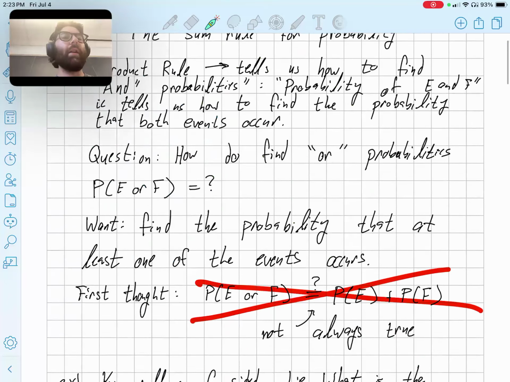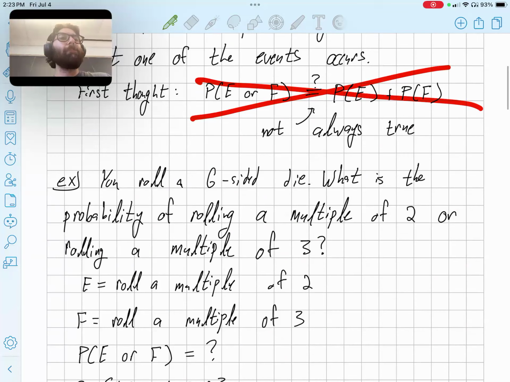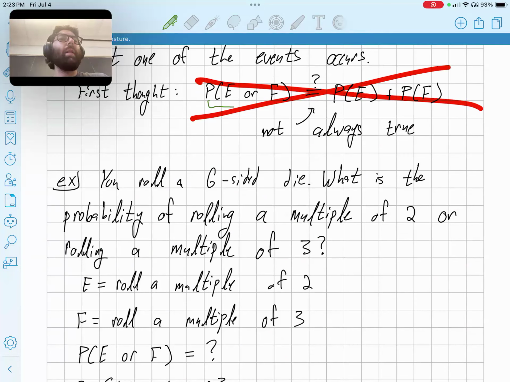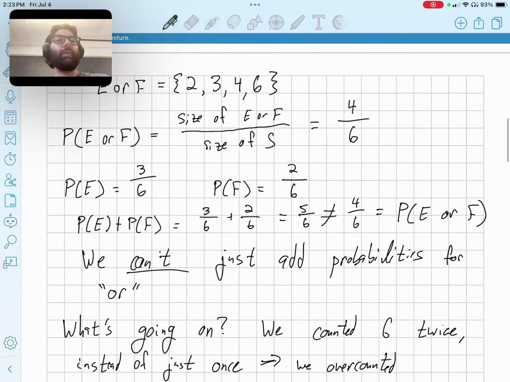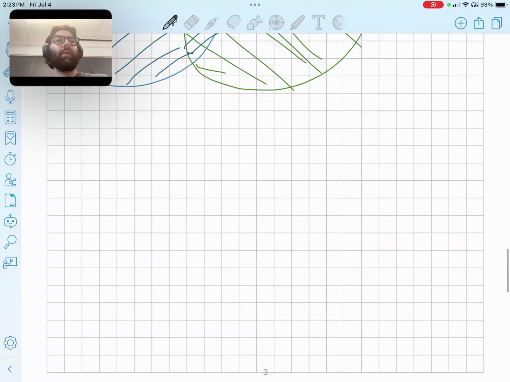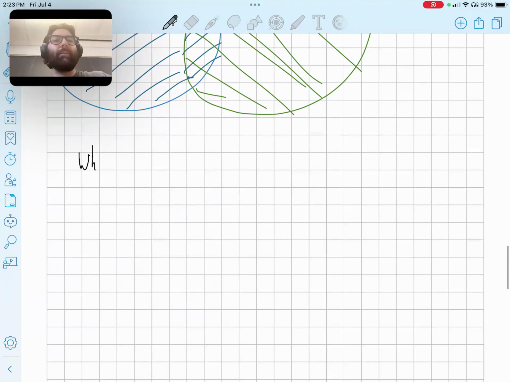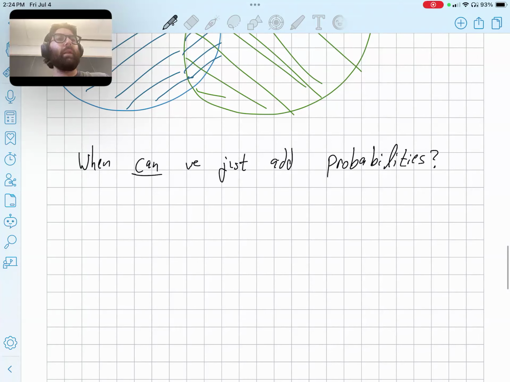Now, here, I say that this is not always true. So when can we just add probabilities?